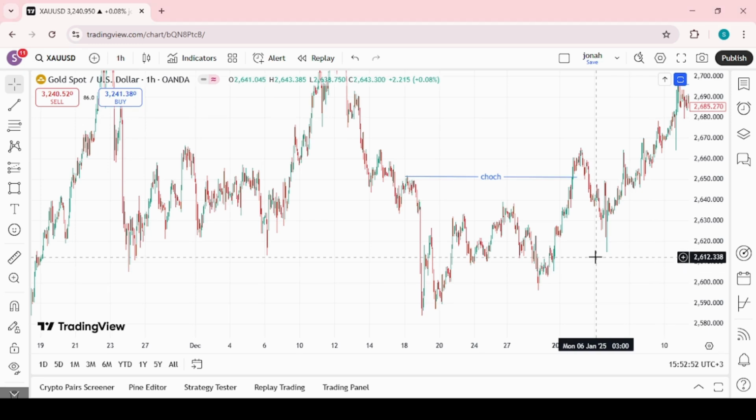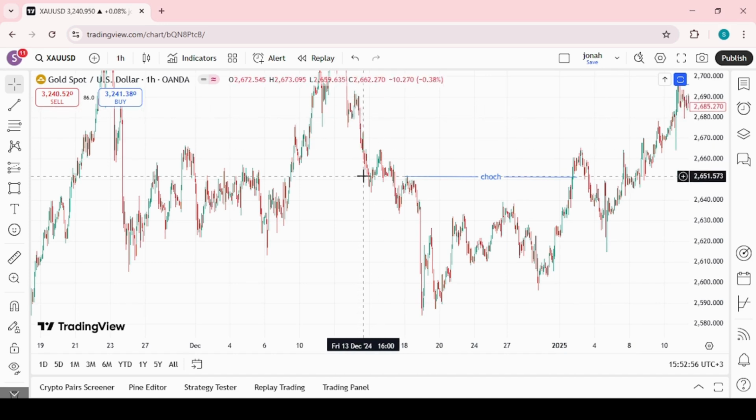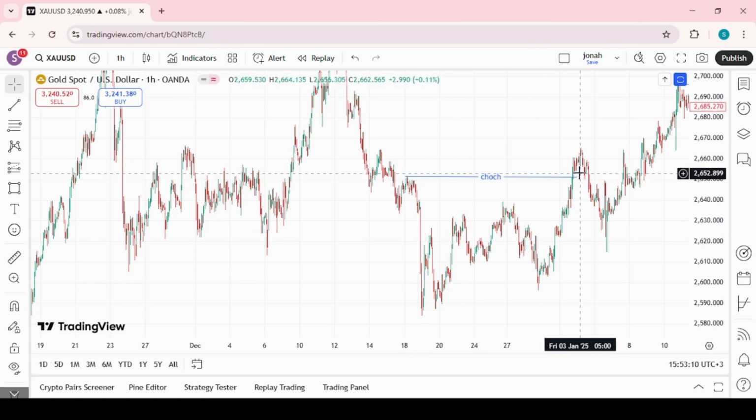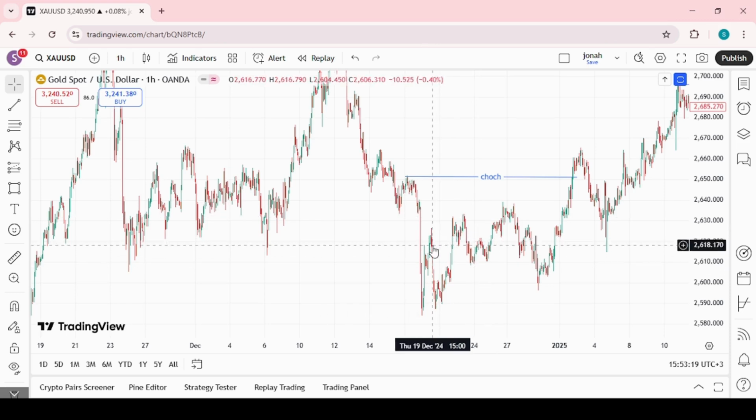And for the change of character, we shall have an example where price was trending lower, as you see, lower high, lower low, lower high, lower low, lower high, lower low. So this is the valid lower high, that when price broke this lower high and broke above clearly, this indicated that we had changed our character. Why are we not considering this to be the valid change of character?